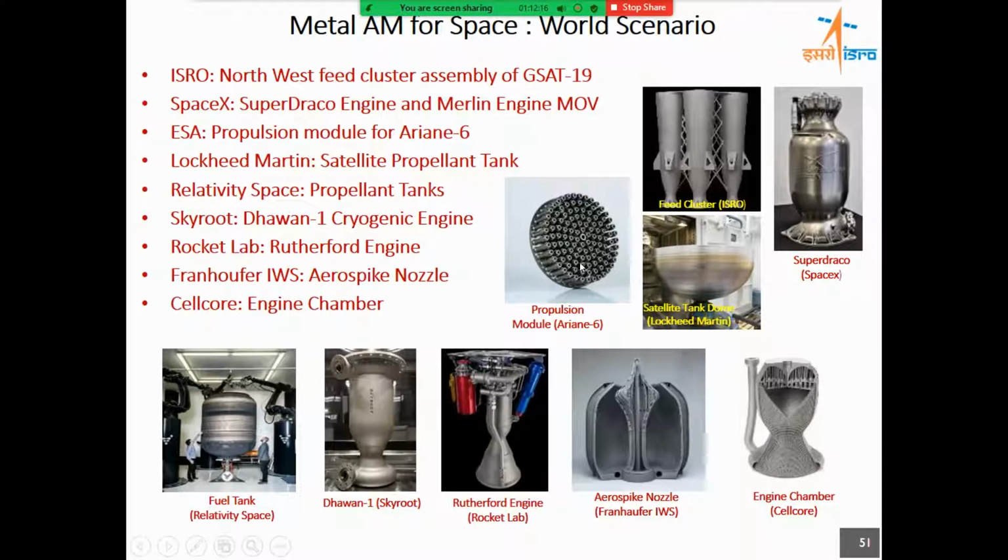Here you can see a lot of injector elements are there. This is very difficult to make through conventional manufacturing. That is, each part is made separately and brazed to this base plate in case of conventional manufacturing. So in case of the 3D printing route, you can make this as a single part.